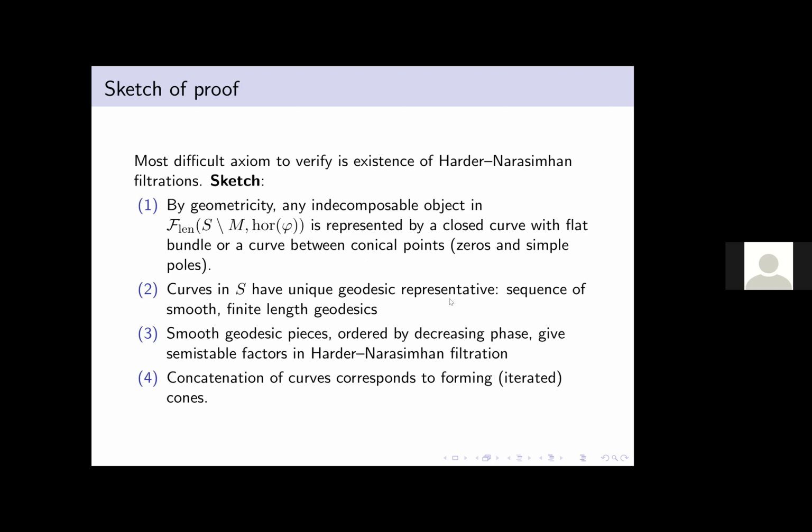Sorry, my internet dropped, so I missed part of your talk. But anyway, can this collection of geodesics be thought of as a degeneration of a curve which is Lagrangian?